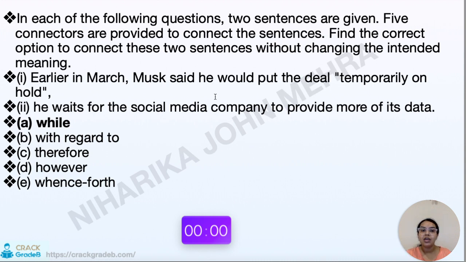He's putting the deal on hold, so the deal is now taking time, and at the same time he's waiting for some other company to provide more. Two things are happening parallelly, and that's how while is used to connect such things. One thing happening while this guy is waiting, another thing takes place, and that's the only option that makes sense.